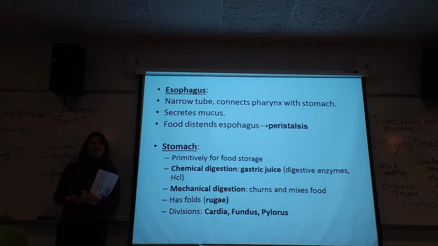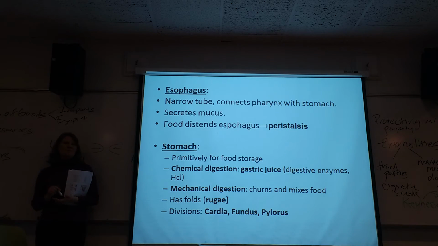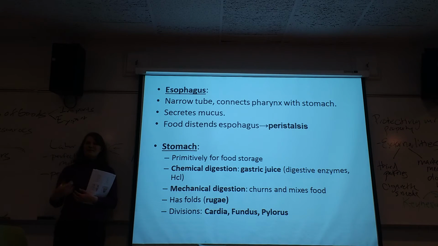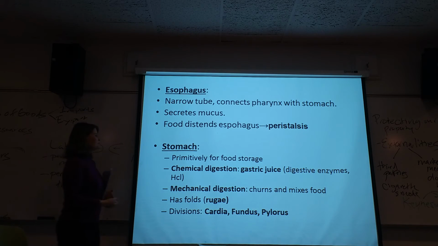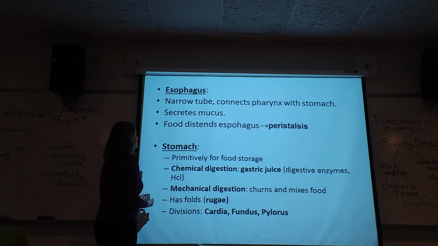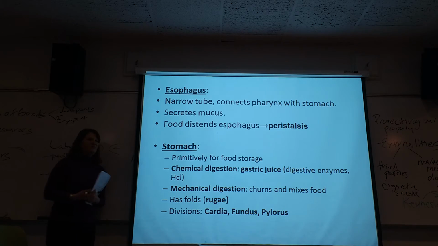I can't remember if I asked you this last week. Does anyone remember what gets digested in your mouth? Yeah. Starches? Very good, right, starches. So you have amylase, which is an enzyme in saliva, which breaks down starch. Okay, so carbohydrate digestion begins in the mouth, but that's the only thing that begins in the mouth. So carbohydrates only.